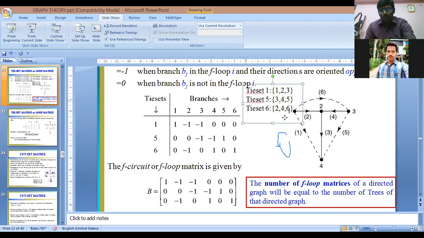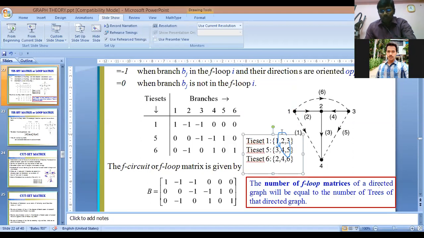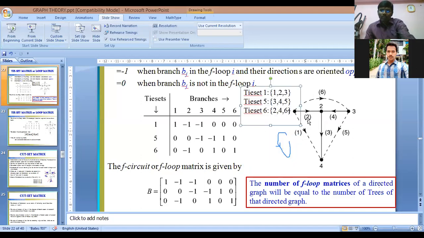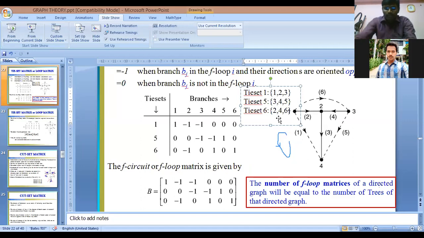So it is tie set 1: 1, 2, 3. Tie set 2: 5, 3, 4. And tie set 3: 6, 2, 4.